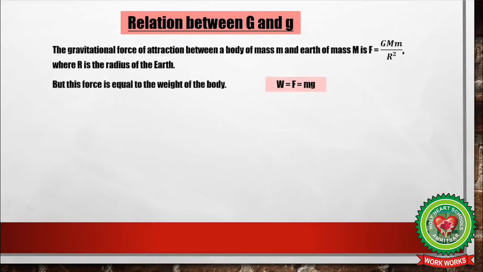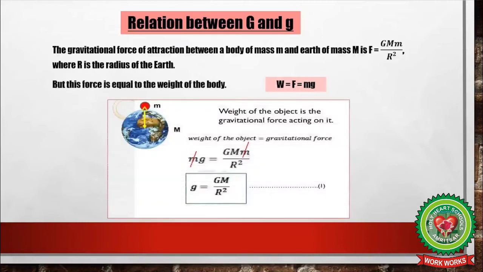Therefore, W is equal to F is equal to mg. Weight of the object is the gravitational force acting on it. Therefore, we are equating weight with gravitational force. We can equate these two formulas: W is equal to mg equivalent to F is equal to G M m upon R square.